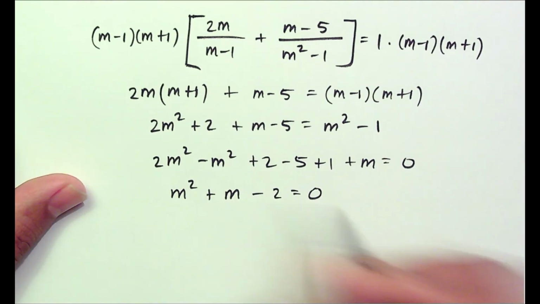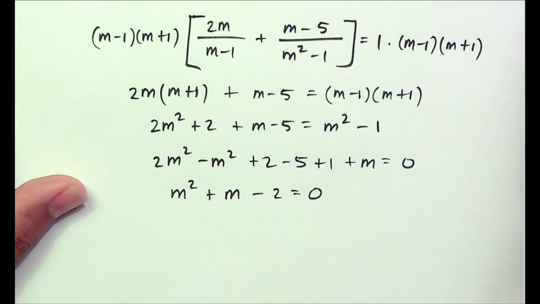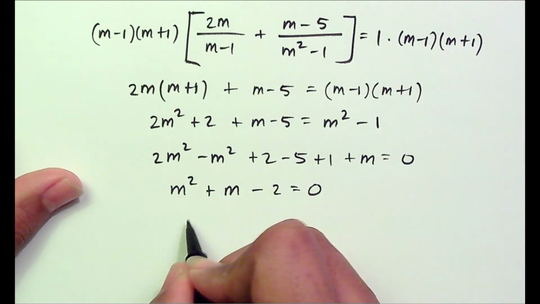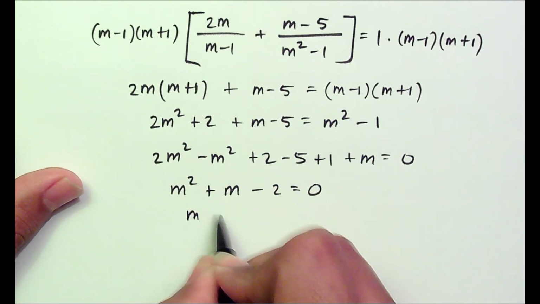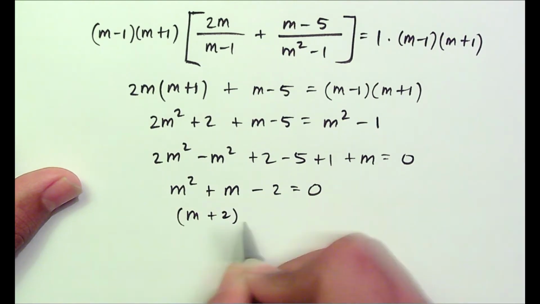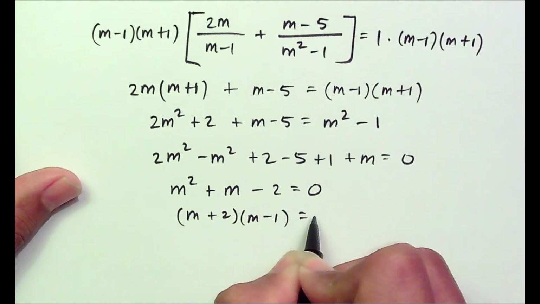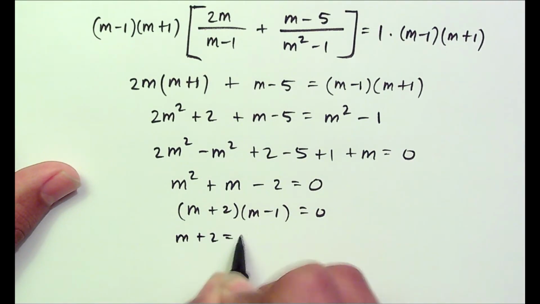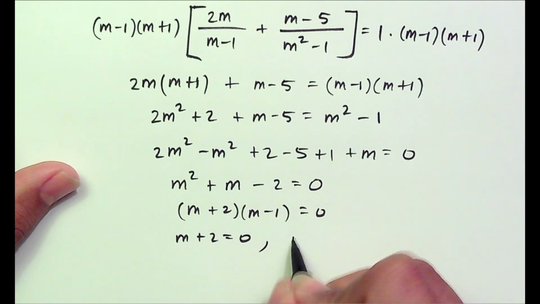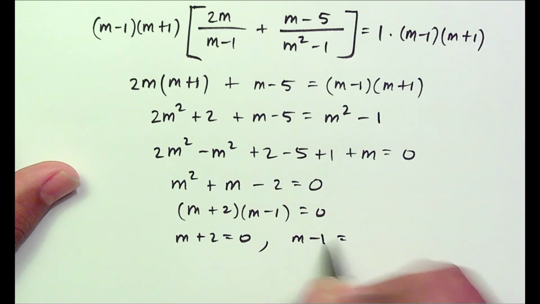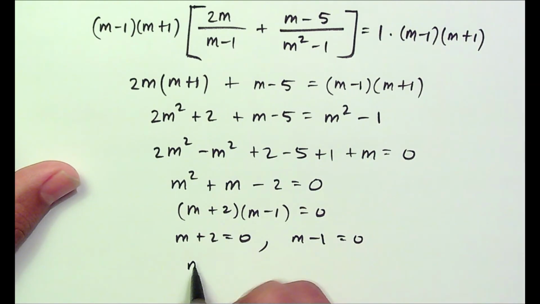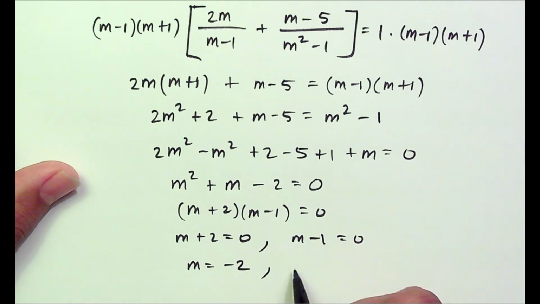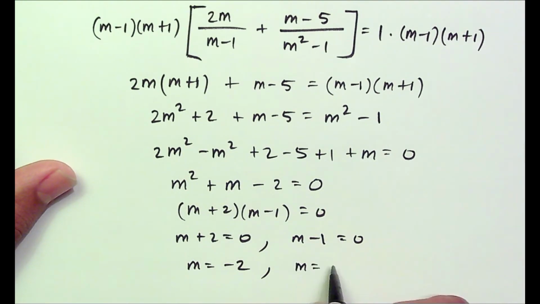Now this is a quadratic polynomial. You can solve it any way you want to. I'm going to factor it instead of using the quadratic formula. This factors easily, so why not? Then set each factor equal to 0, so m plus 2 equals 0 or m minus 1 equals 0. This gives me m equals negative 2 or m equals 1.